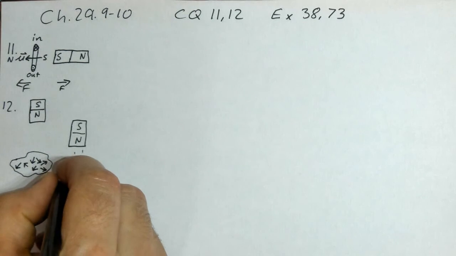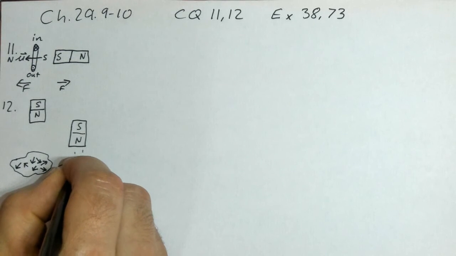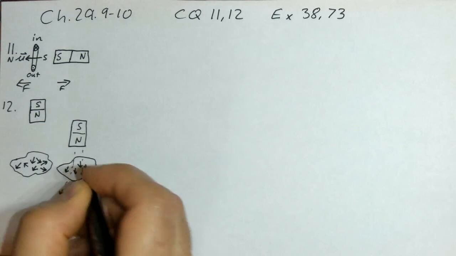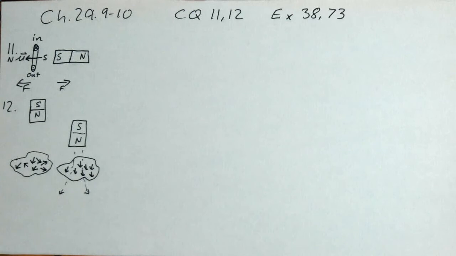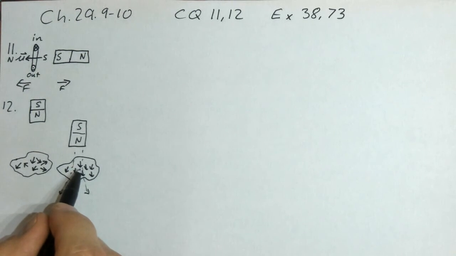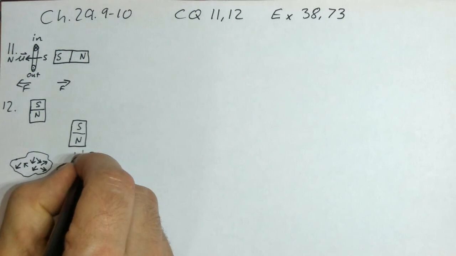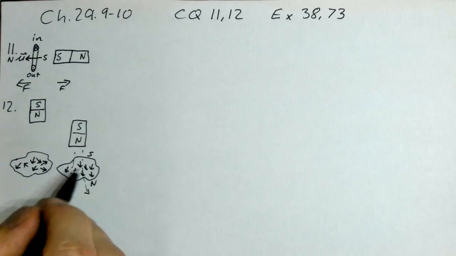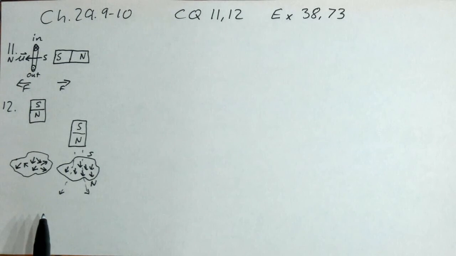So all these are going to start to align with it. And since each of those is a dipole moment that creates a north and south pole, with the dipole moment pointing from south to north, this now has an overall south side and an overall north side, which makes it like a bar magnet, and it can now be attracted to this bar magnet.